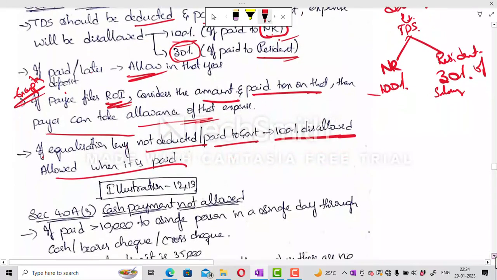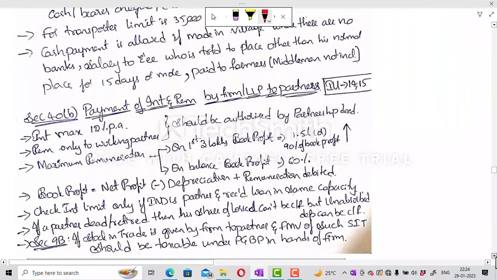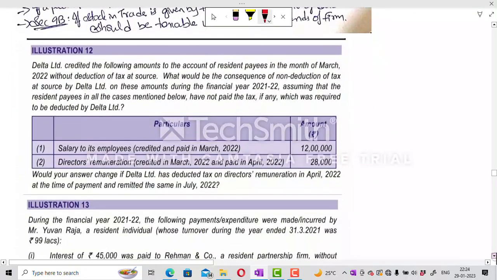Illustration 12-13. Delta Limited credited the following amounts to the account of resident payees in the month of March 2022 without deduction of tax. We have made some payment to resident persons, but we have not deducted tax for them.